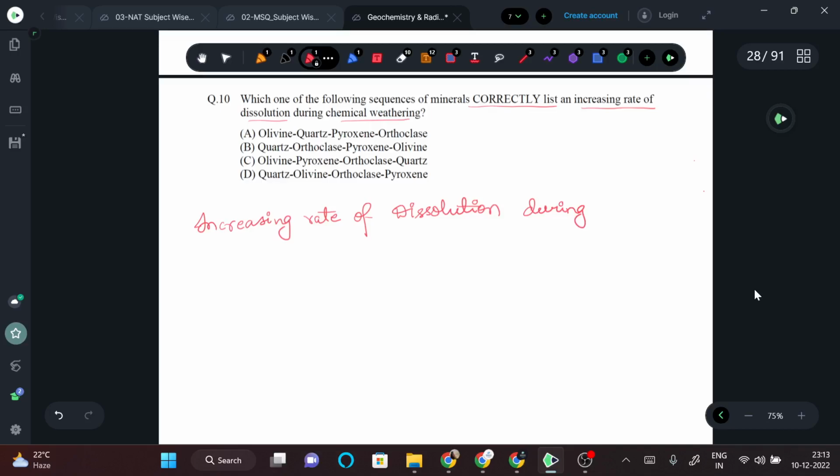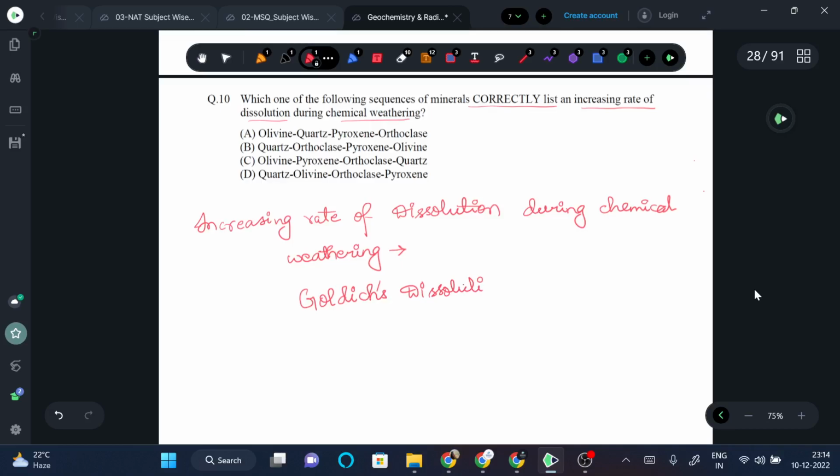Does anyone know? Bowen's reaction. No. Actually, Bowen's reaction series directly doesn't give this. This is defined by Goldich. Yes, the Goldich dissolution series.